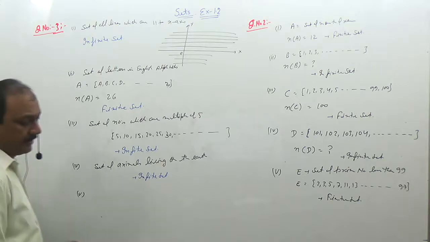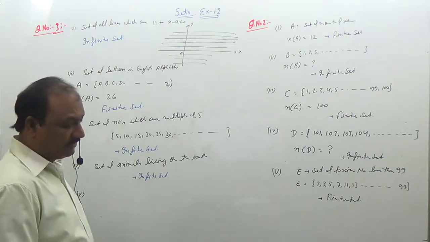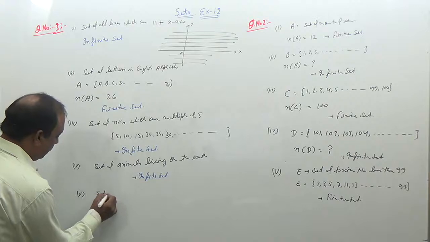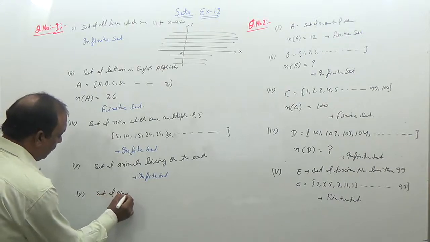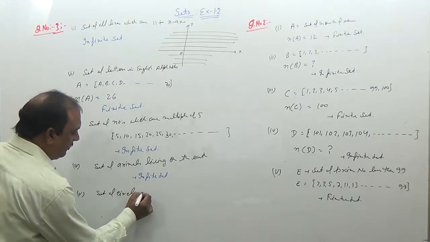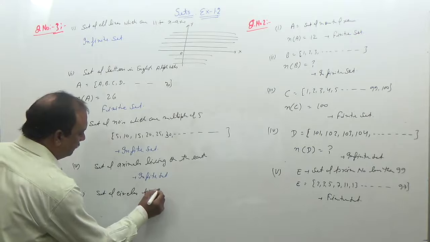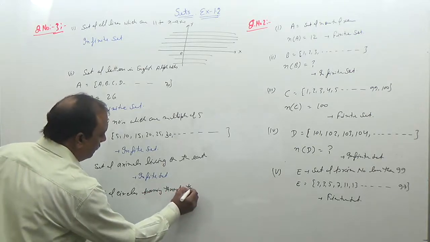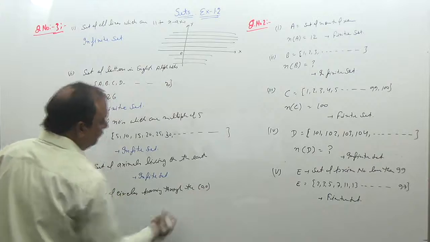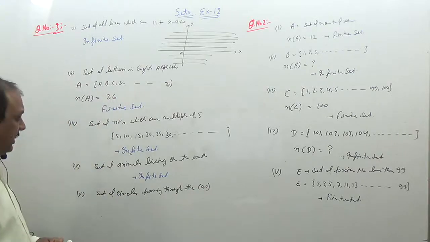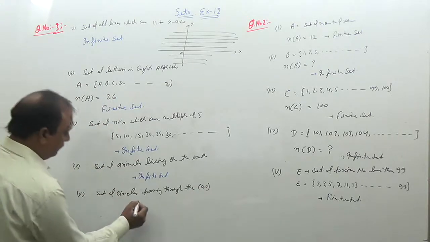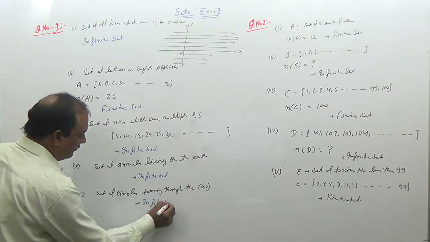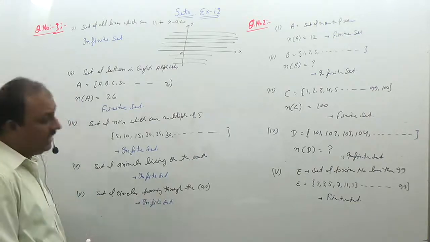Fifth part is the set of circles passing through the origin. So this is an infinite set. Why?